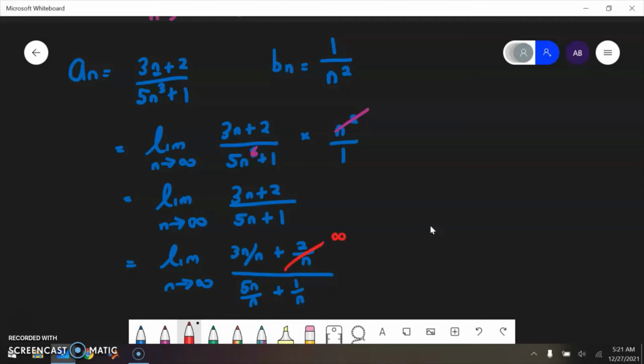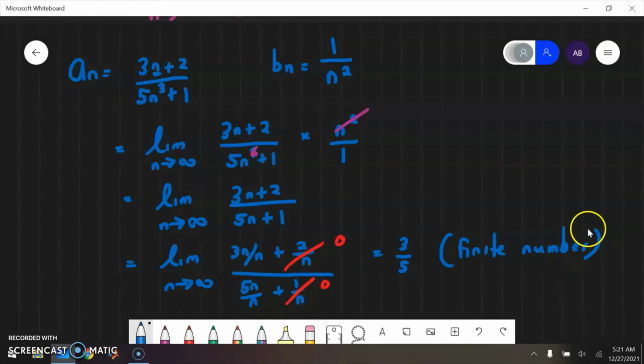So this term approaches 0, not infinity. This term approaches 0. This term approaches 0. This term is 1. So I have 3 over 5, which is a finite number.